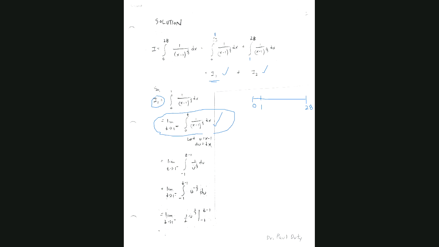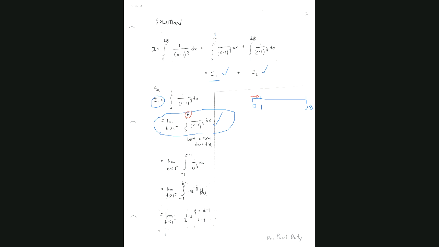And so the first integral goes from 0 to 1. So if we replace the 1 with the t, we take the limit as t approaches 1 from the left, because that's what our limit is. We're approaching 1 from the left. And incidentally, the other integral, I2, would be the limit as we approach 1 from the right.